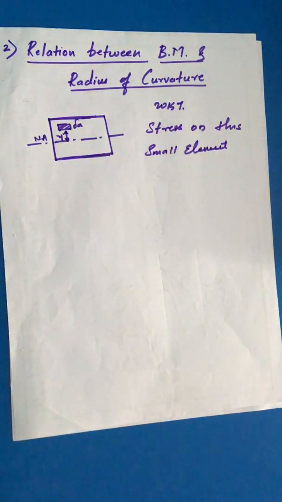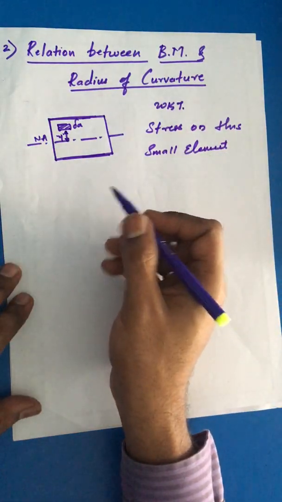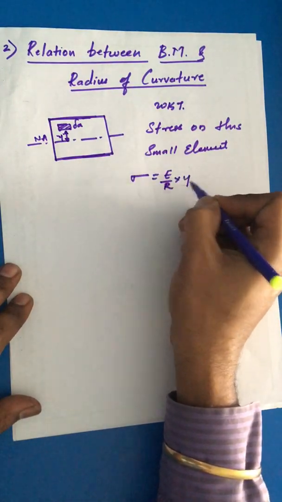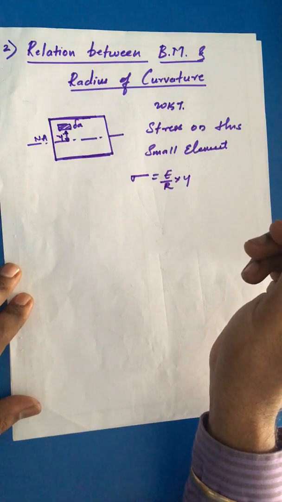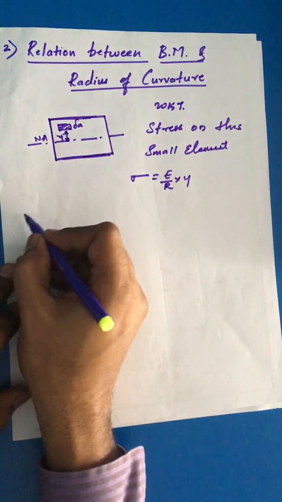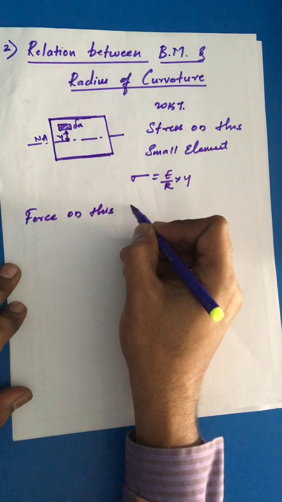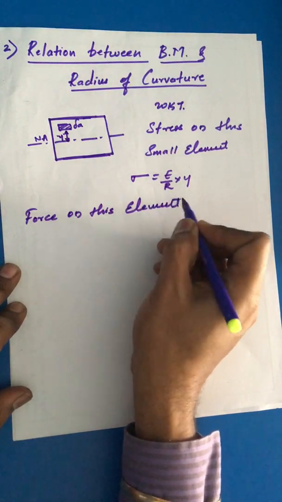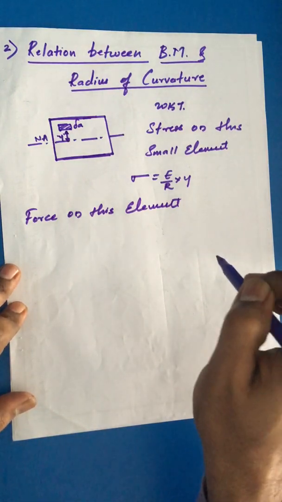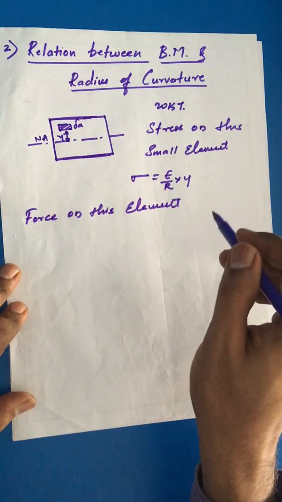It will be equal to, from the previous derivation, we can say that sigma is equal to E by R into y. Okay. Sigma is equal to E by R into y. Now, force on this element is nothing but the stress into the area, because stress is the resisting force by area, and hence force becomes stress into area.